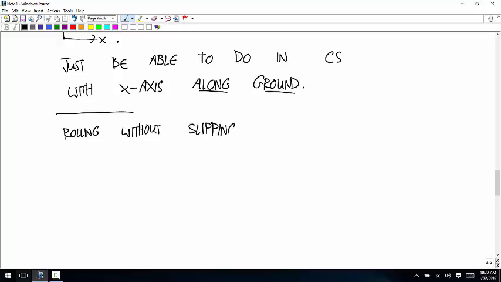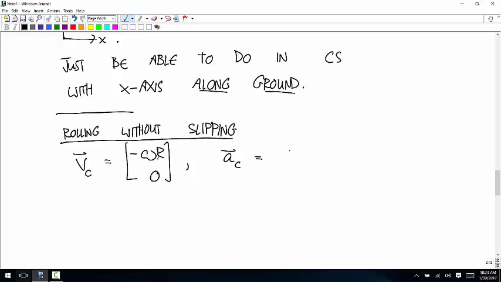Okay, let me finish this and then we'll talk about it. Anytime rolling without slipping, the velocity of the center is equal to negative omega r 0. The acceleration of the center is equal to negative alpha r 0.